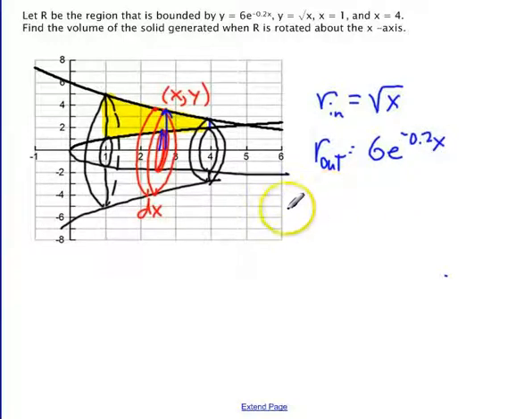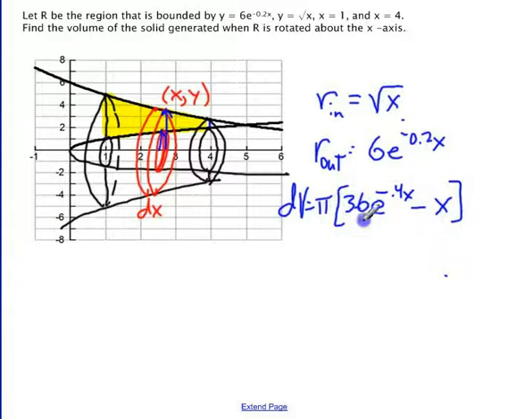So now we're ready to figure out the volume of one washer. dV is pi r out squared, that's 36 e to the negative 0.4x, minus the square root of x squared, so that's going to give me x. So it's r out squared minus r in squared times dx.